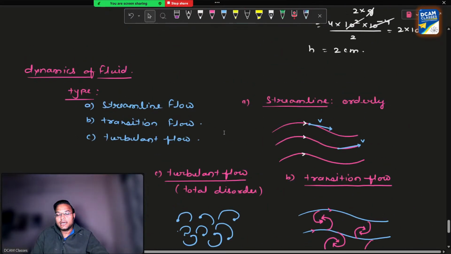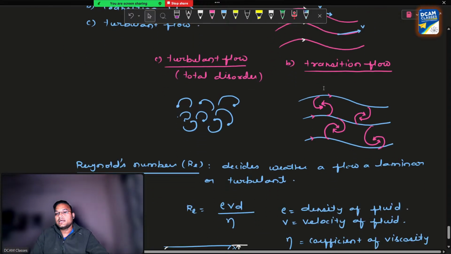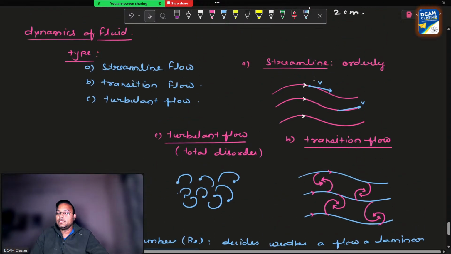Till now, I covered the theoretical part only somewhat. The dynamics of fluid I have started. Dynamics of fluid is of three types: streamline, transition, turbulent. Streamline means orderly flow of fluid. The flow of fluid actually takes place in the form of layers like this. Transition is when the orderly fluid flow is converting to the turbulent flow, means totally disorderly manner.